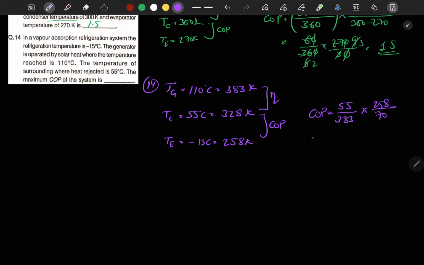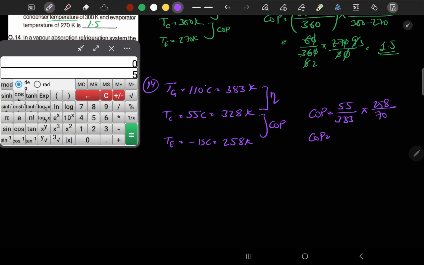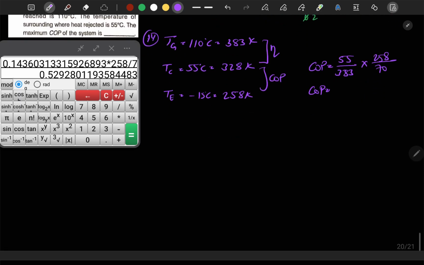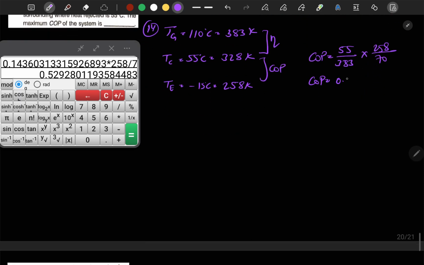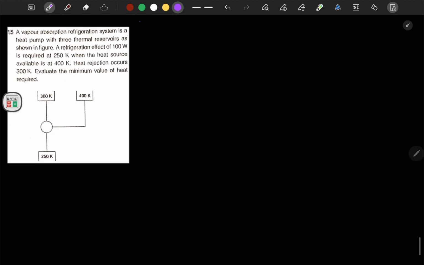If we solve this, we get 55 divided by 383 into 258 divided by 70. We get the answer COP equal to 0.529.